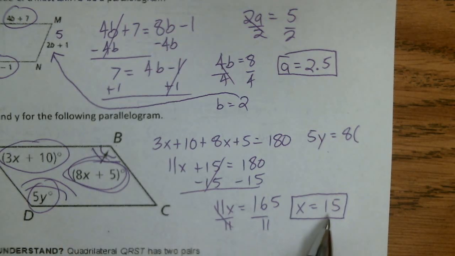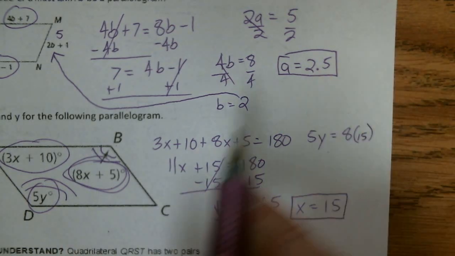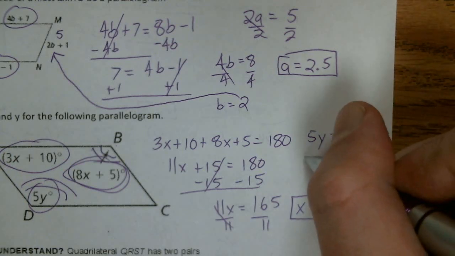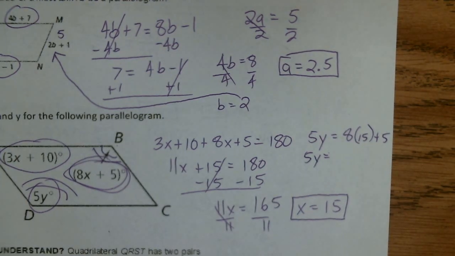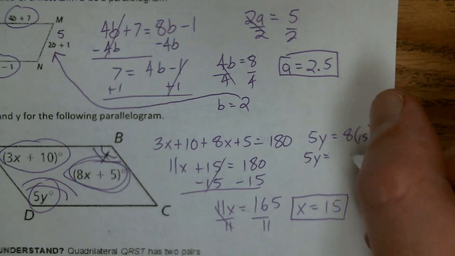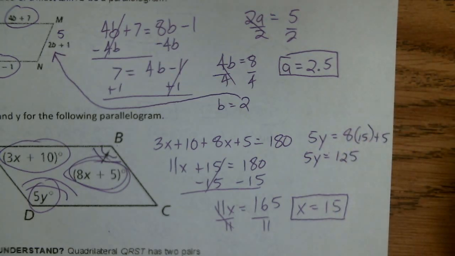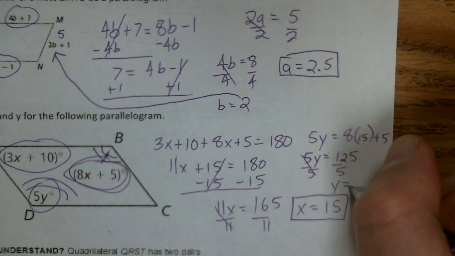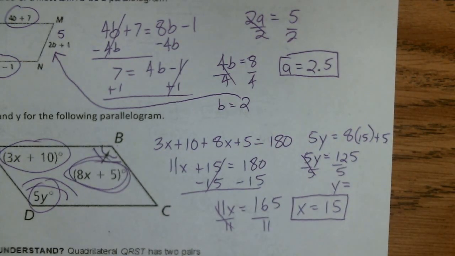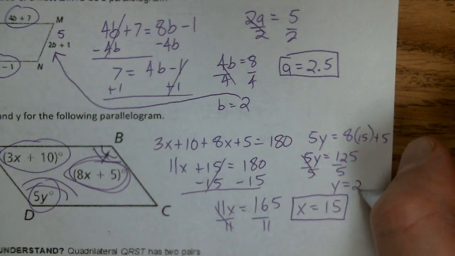We just solved for it. x is 15, and then plus 5. So 5y equals 8 times 15 is 120. 120 plus 5 is 125. Divide both sides by 5, and we get y is equal to 25.